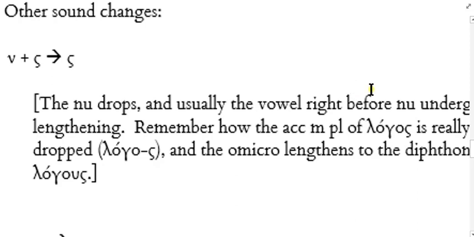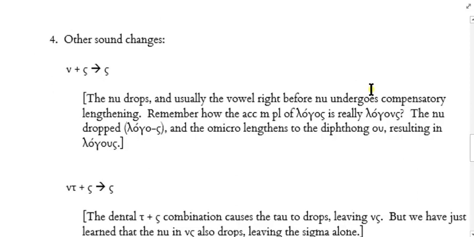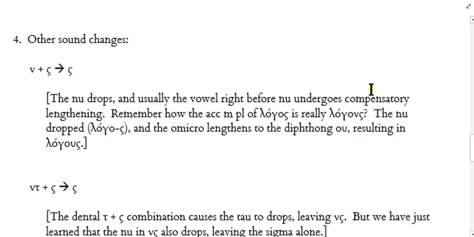Now, you didn't know it, but you've actually seen this happen in Greek. You remember that the accusative of logos is logon. Do you remember that? Logon. L, lambda, logon. Okay, so that's the accusative singular. The accusative plural is the accusative singular and add an S. You know how in English, when we want to make something plural, we add an S, right?